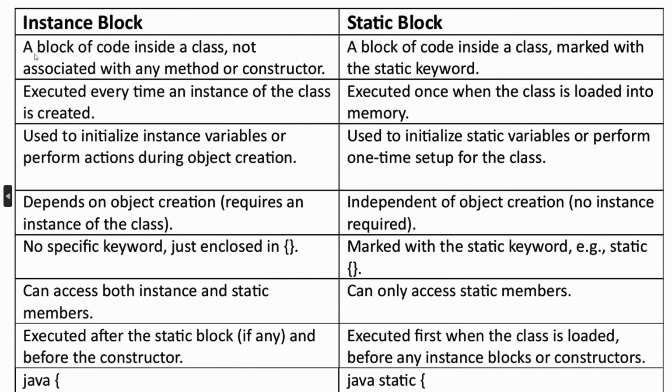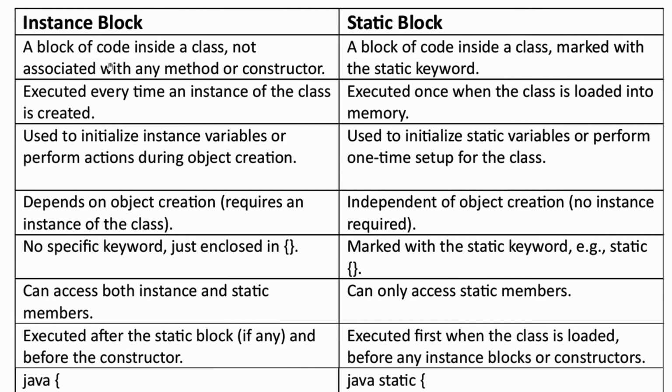So let's start. An instance block is a block of code inside a class not associated with any method or constructor. And a static block is a block of code inside a class marked with the static keyword.